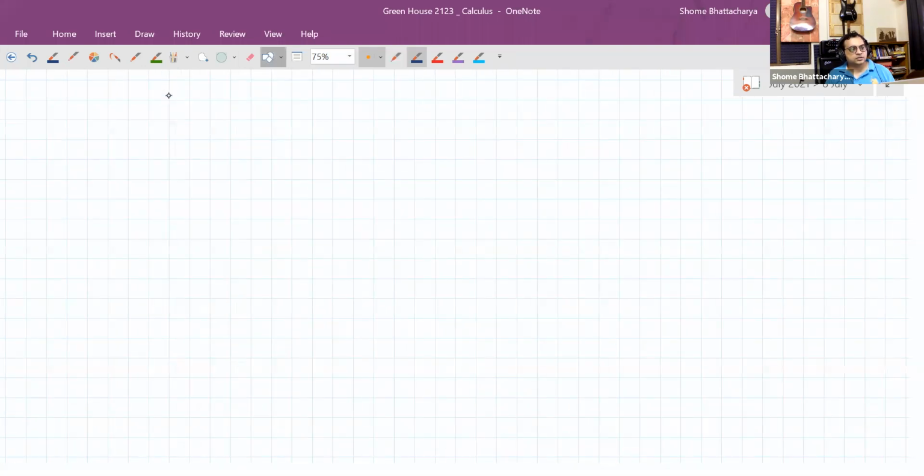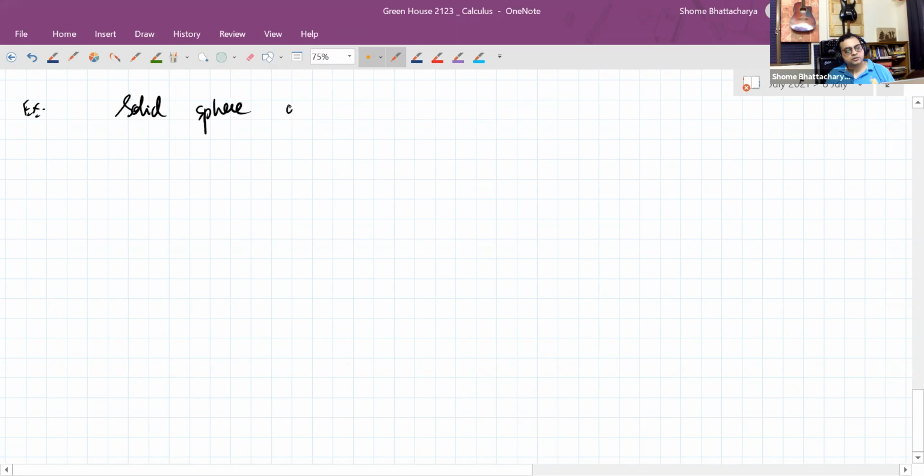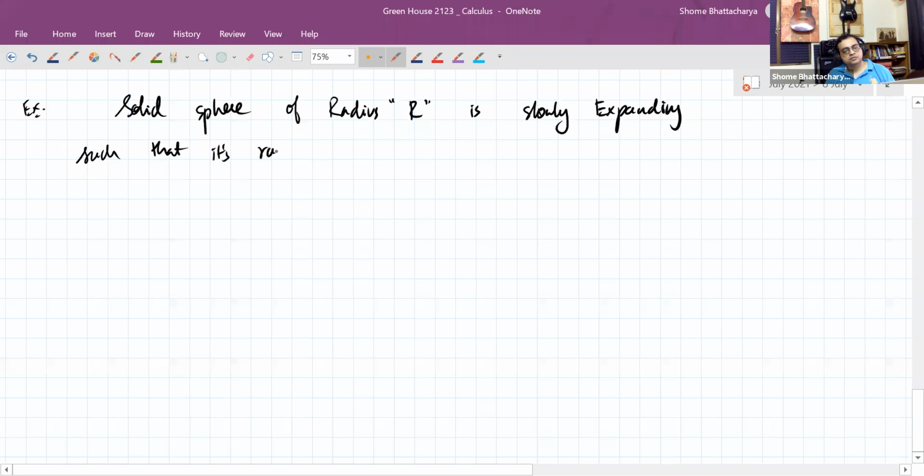We have a solid sphere of radius capital R slowly expanding such that its radius R increases uniformly with time. Again, at a given rate.